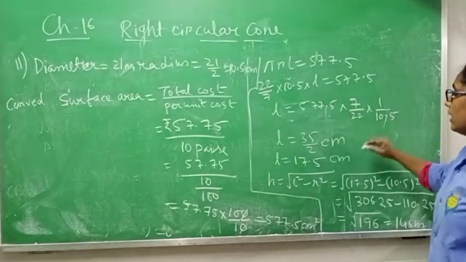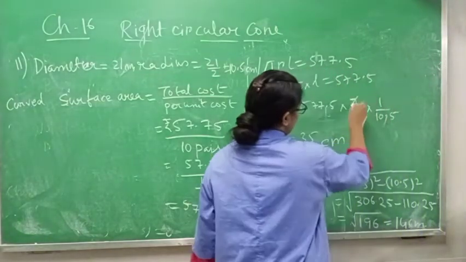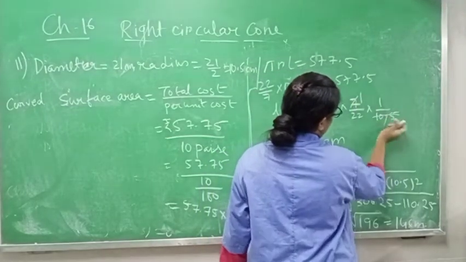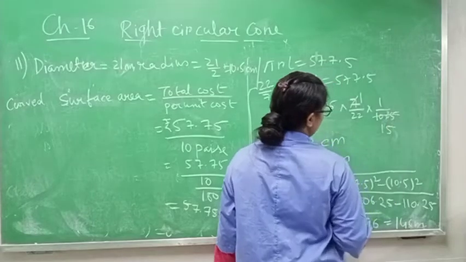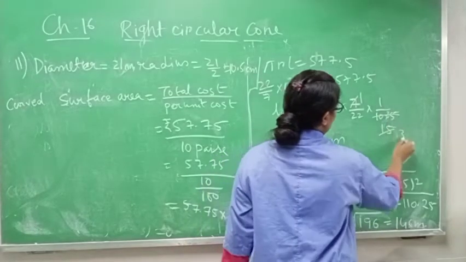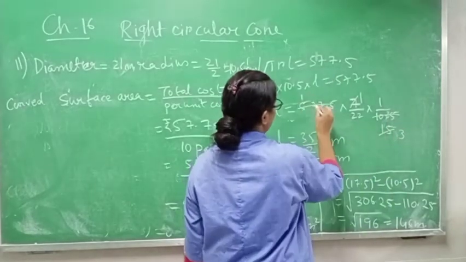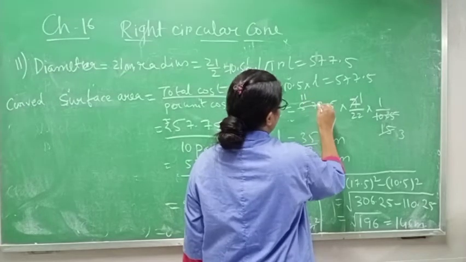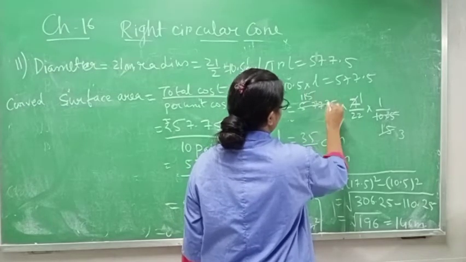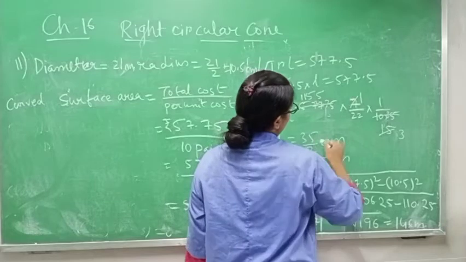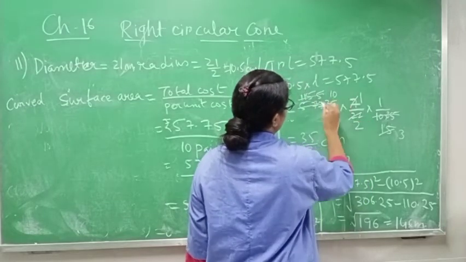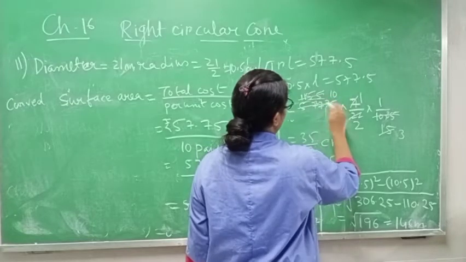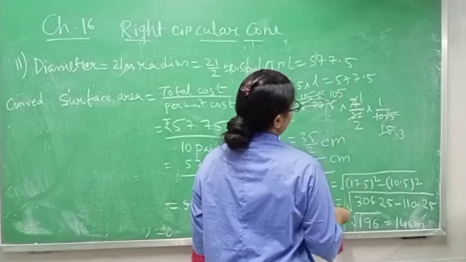Now using 11 table, 7 ones are 7, 7 3s will go, 7 5s are 35. Okay, 5 3s are 15, 5 ones are 5, again 5 ones are 5, 5 5s are 25, 5 5s are 25. 11 twos are 22, 11 ones are 11, put 0 because we are taking these two at a time, so 11 5s are 55.